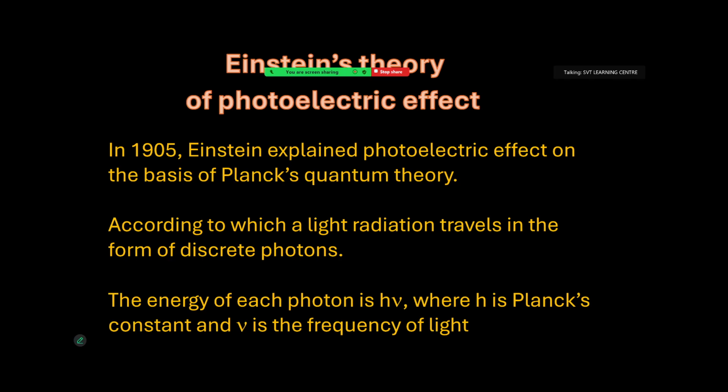Photons can be visualized as packets of energy. Each photon has a fixed amount of energy, and all photons of light of a particular frequency will have the same energy. The energy of each photon is directly proportional to frequency, or you can call it h nu, where h is Planck's constant and nu is the frequency of light.